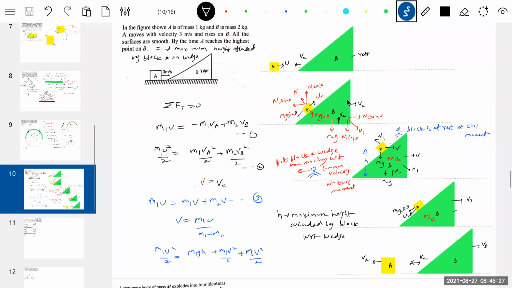Inclined plane smooth: momentum and mechanical energy are conserved.